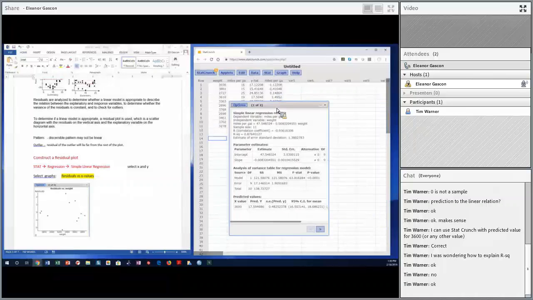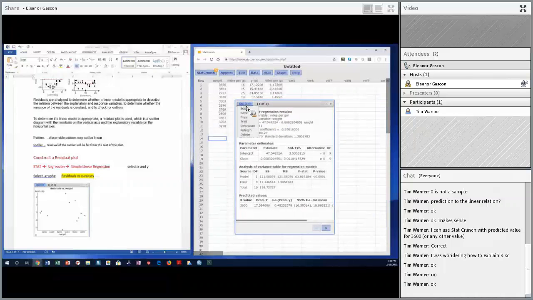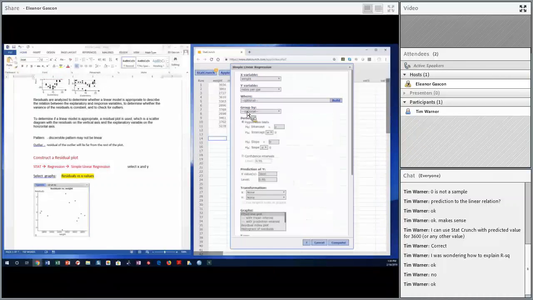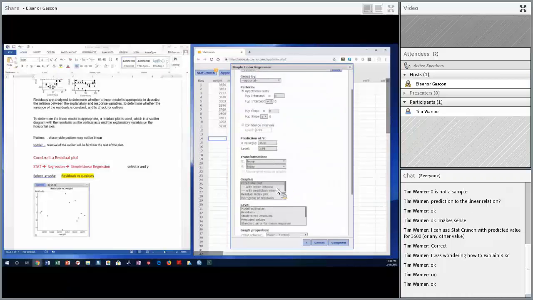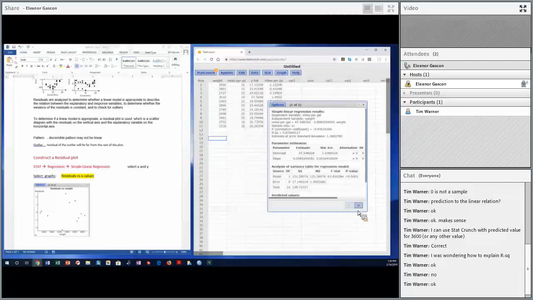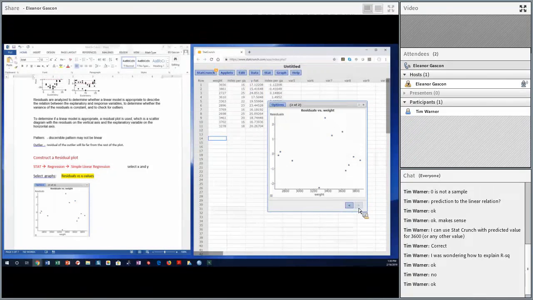Now, you can plot the residuals. If I go back to Options, Edit, under Graphs, there's a choice down here, residuals versus the X value, and that's what you plot. Over here there's my residuals, and here's my zero line.